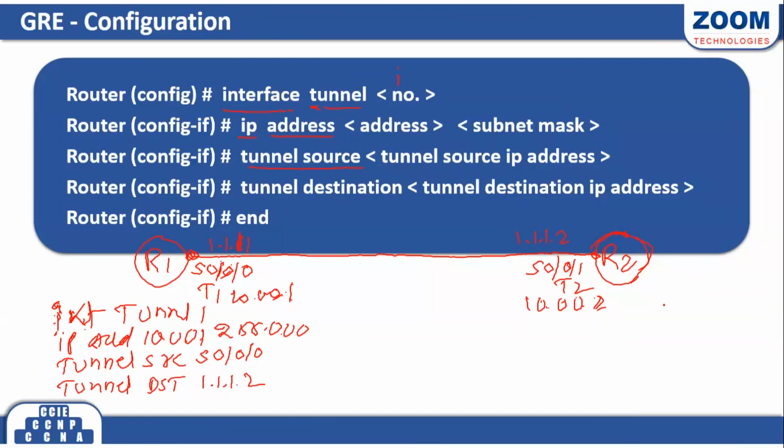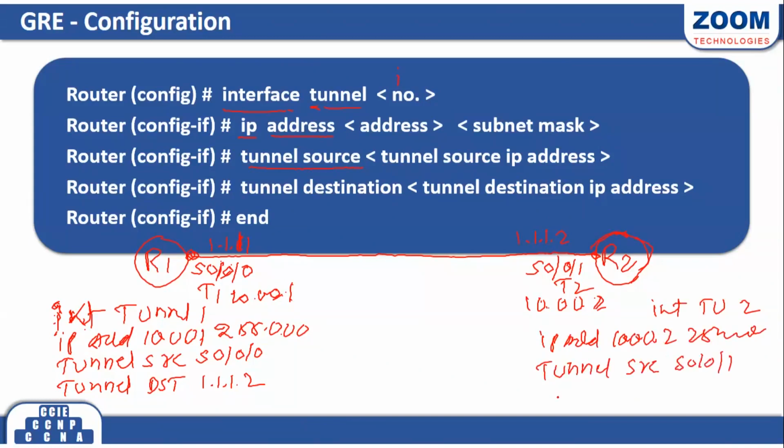Now tell me the router 2 configuration. Interface tunnel number 2, IP address 10.0.0.2, 255.0.0.0. Tunnel source is your serial interface, which is 0/0/1.